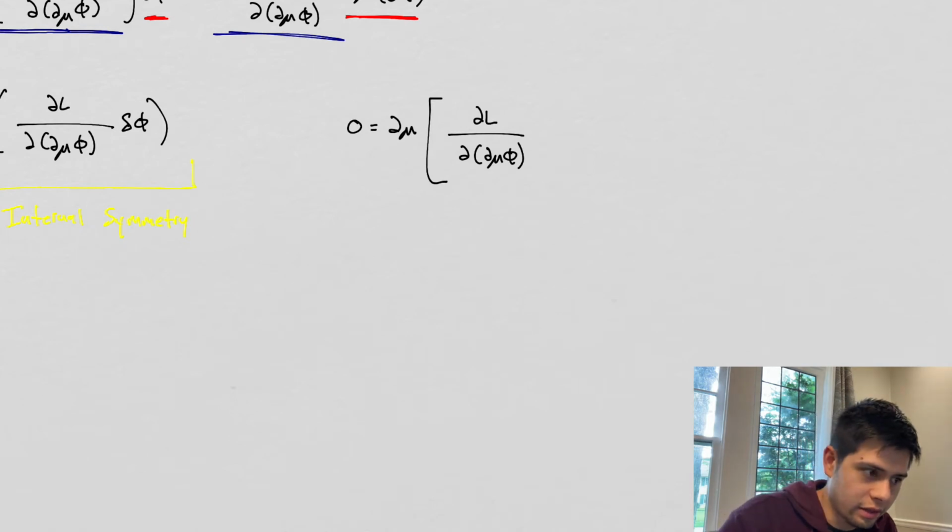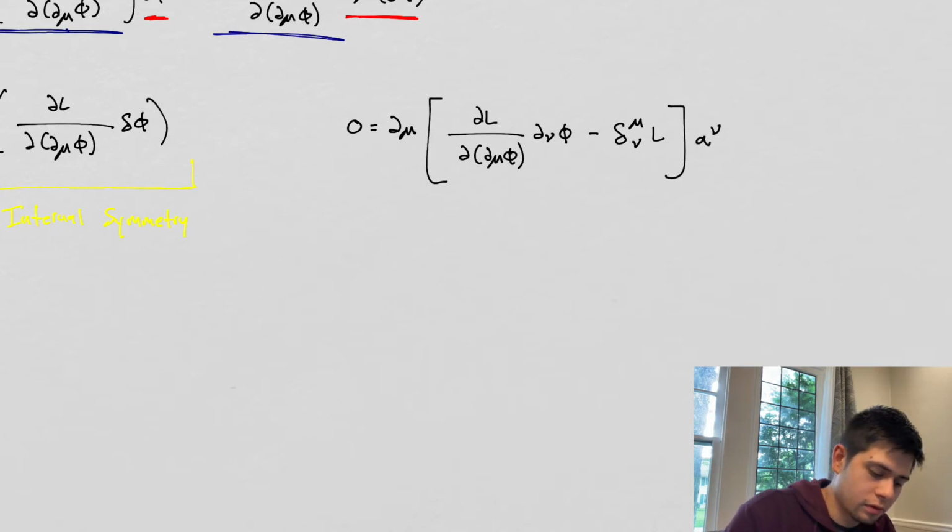we had this for our space-time symmetry. So this is what our space-time symmetry looked like.